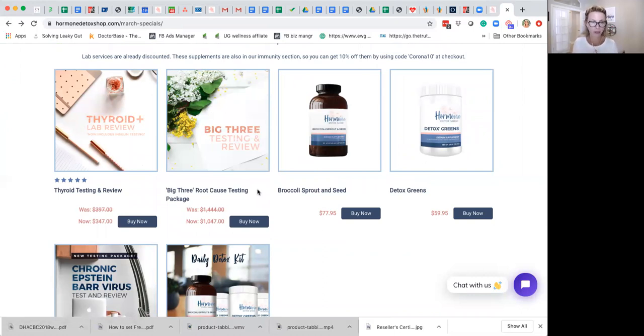The last testing we have on sale is the big 3 tests. That includes the basic thyroid plus test I just talked about, a Dutch hormone test, and a GI map stool test. The GI map stool test is also a great investment right now because 80% of your immune system lives in your gut.